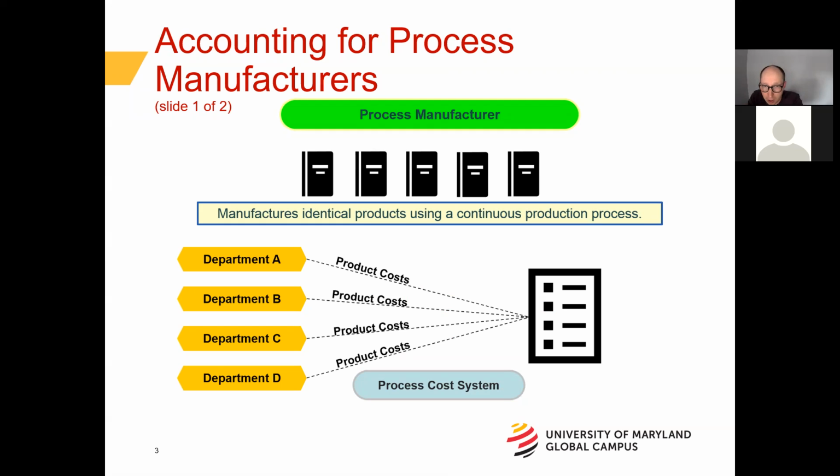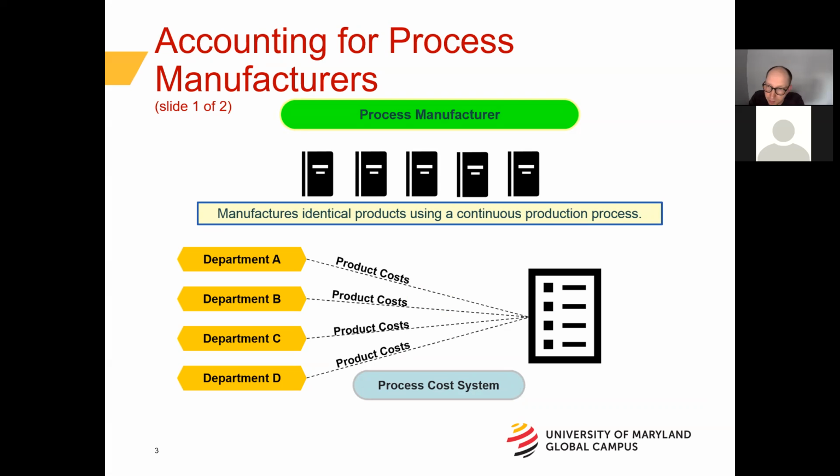Another example of a process manufacturer or processor would be ExxonMobil, Chevron. I'm just thinking of some of the names of your companies you selected. ExxonMobil, Chevron, other oil and gas companies. Those are process manufacturers. It's continuous.